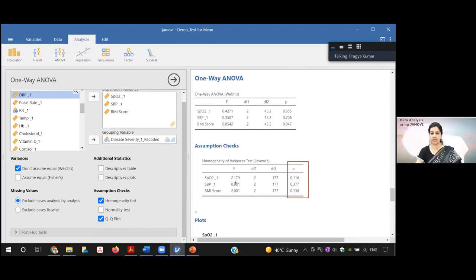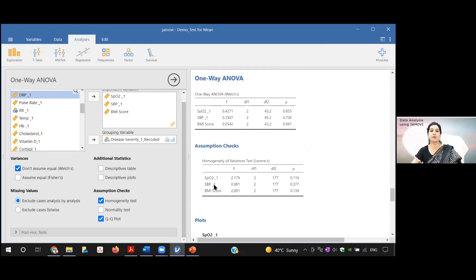So that means we don't have to go for the Welch. So here it is, don't assume equal Welch. So I have to assume equal. This is the Fisher. So it has got an equal variance. By default, it comes as don't assume, because it is difficult to get this assumption true most of the time.